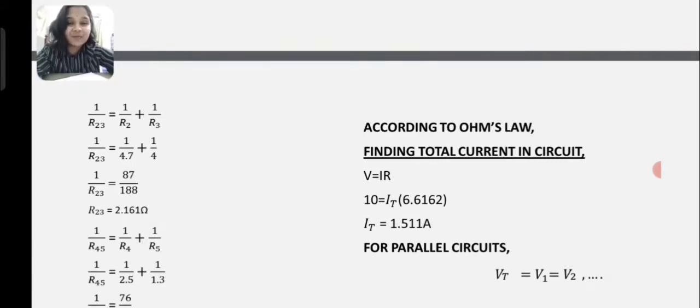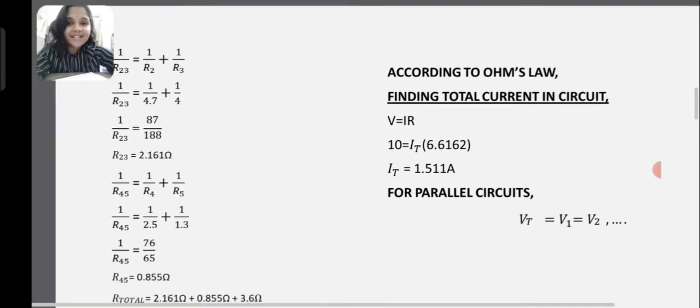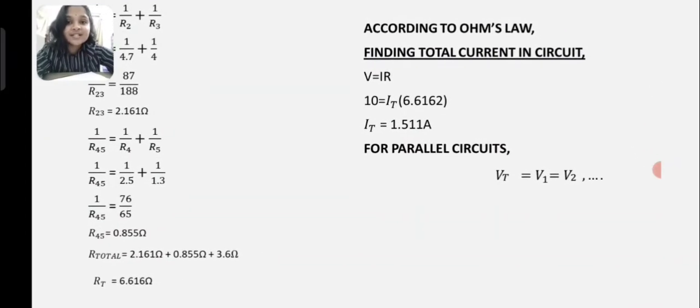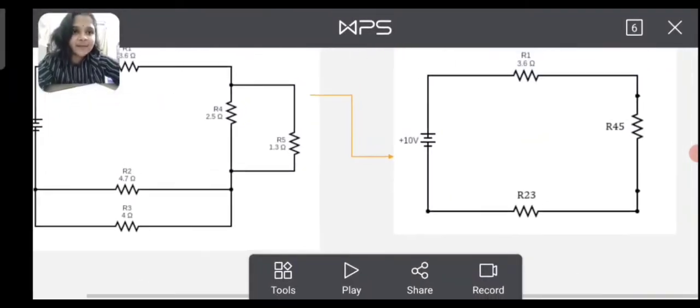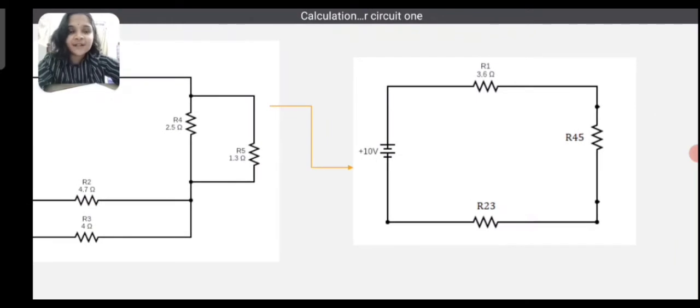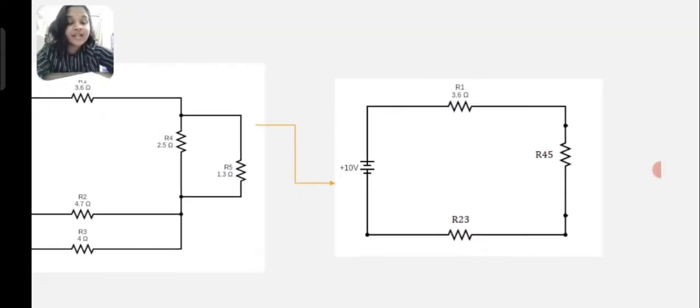We use the same method to obtain the resistance value of R45, where 1 over R45 is equal to 1 over R4 plus 1 over R5, so R45 is equal to 0.855 ohms. As we see here, it is a series circuit after combining R4 and R5, and R2 and R3.